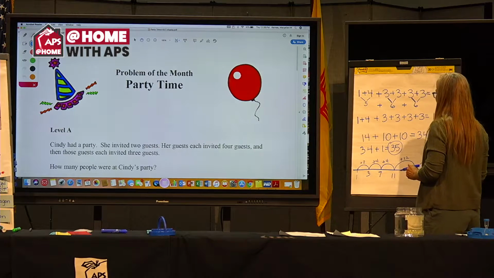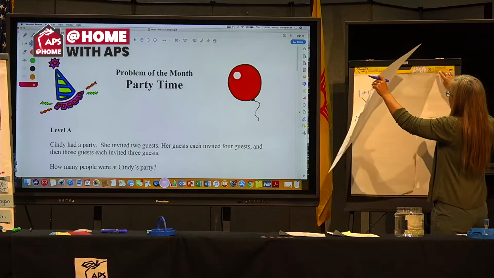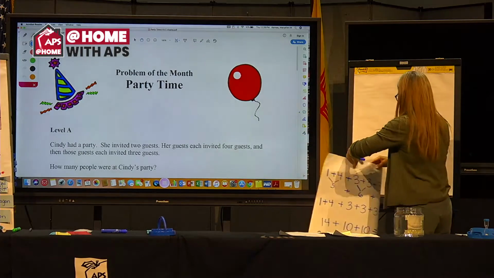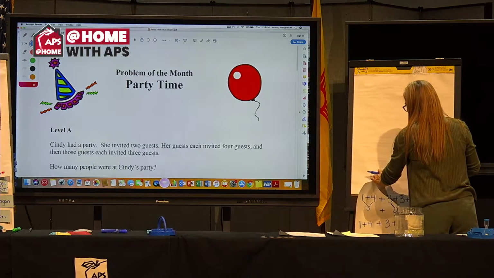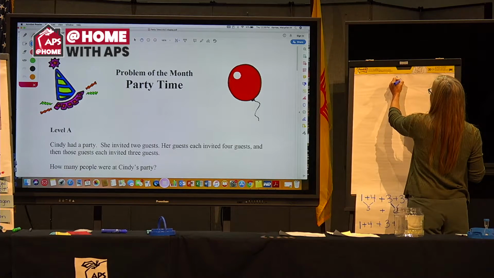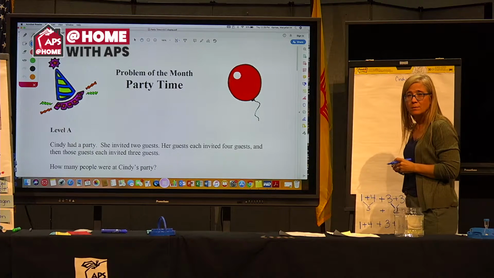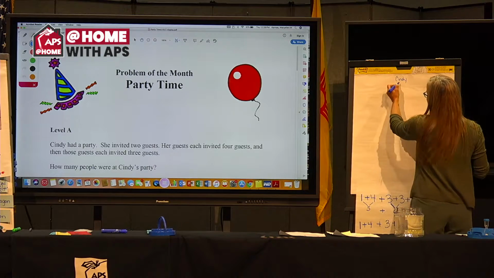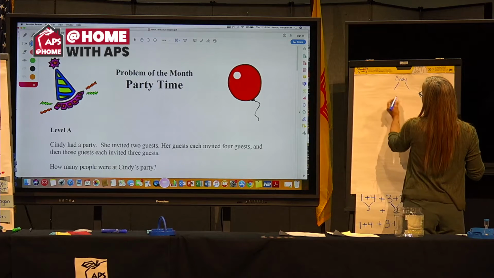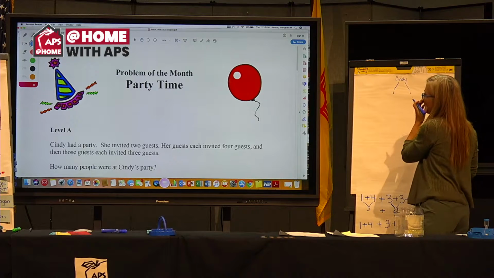One other way that we could represent this, if we wanted to actually see the people, I was thinking, is if we have Cindy, and she invited how many people? Right, 2. So Cindy invited a person here and another person there.